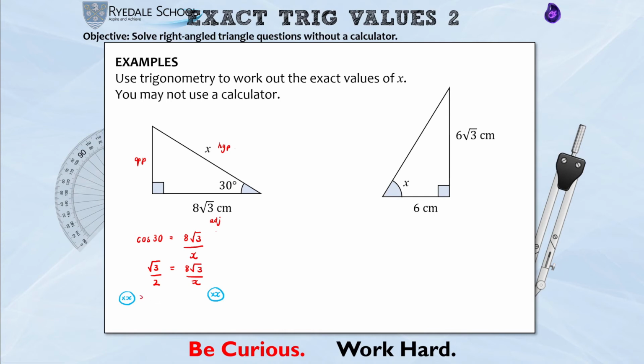So I end up with x times root 3 divided by 2 equals 8 root 3. Now I'm going to treat this root 3 divided by 2 as a times by root 3 and a divide by 2. So my inverse that I'm going to do next is I'm going to times both sides by 2.